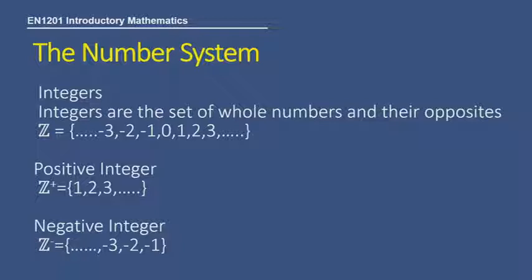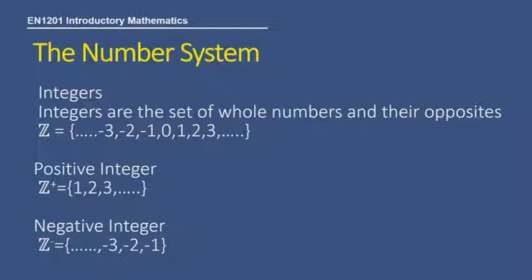Integers are the set of whole numbers and their opposites. So, we have the opposites of the natural numbers. We have a natural number 1 and the opposite of that is minus 1. We have a natural number 2 and the opposite of that is minus 2. So, all the natural numbers are the positive integers.